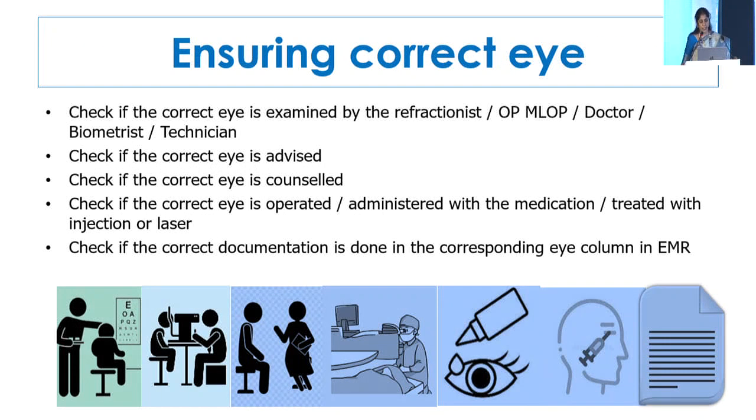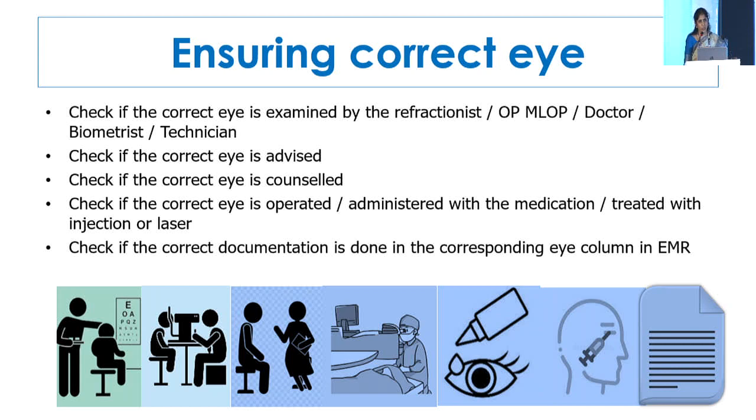Now, to ensure the correct eye, every step of the process is important, right from the primary examination done by the refractionist, the OP staff, the doctor, the biometric technician. Check if the correct eye is advised, if the right eye is counseled, and if the right eye is operated, and the documentation.